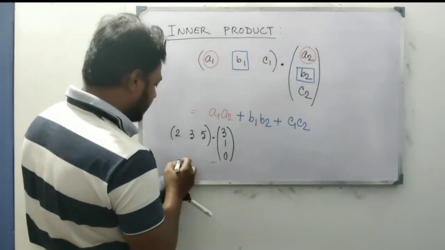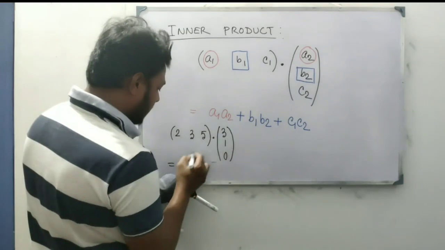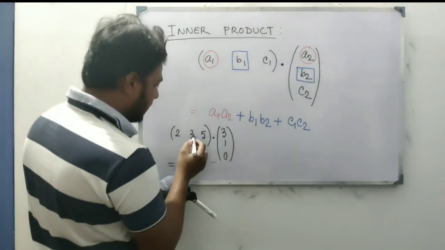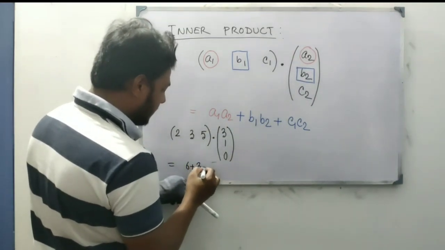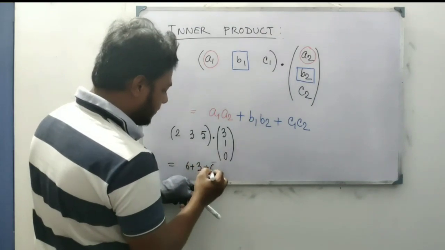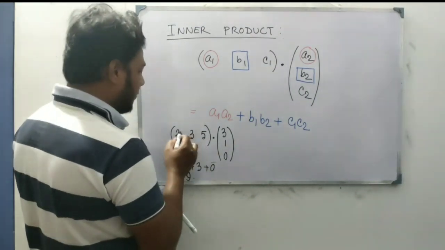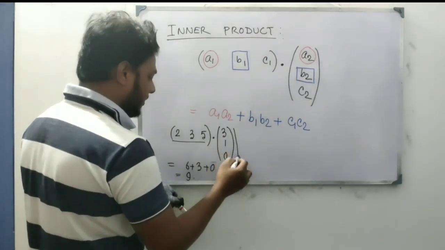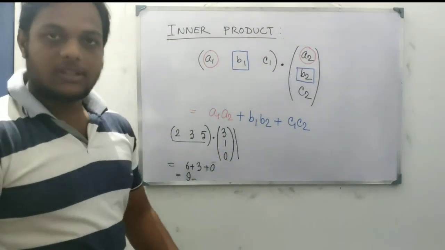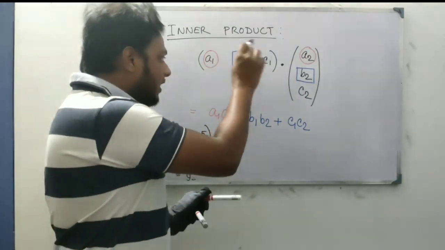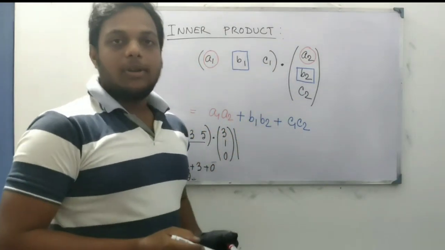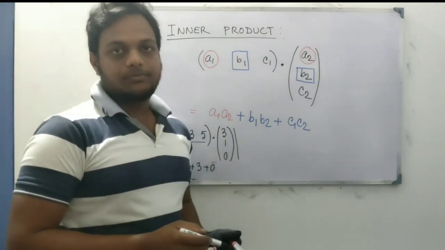Then the inner product of these two will be 2 into 3, that means 6, plus 3 into 1, that means 3, plus 5 into 0 means 0, equals 6 plus 3, 9. So the inner product of this row matrix and this column matrix is 9. Clear?